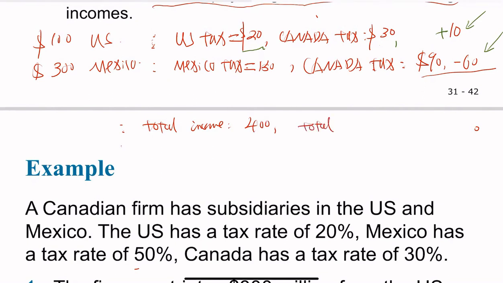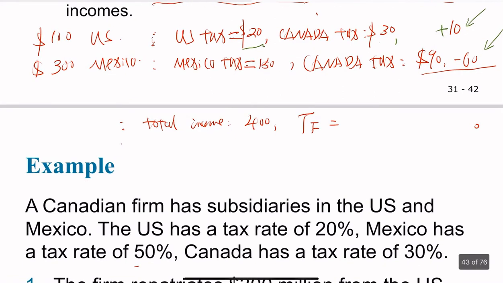And total foreign tax, let me call this TF, it's much easier for me. So the total foreign tax is 170. And then you can calculate the domestic tax liability is 120, right? Because it's just 400 times 30%.